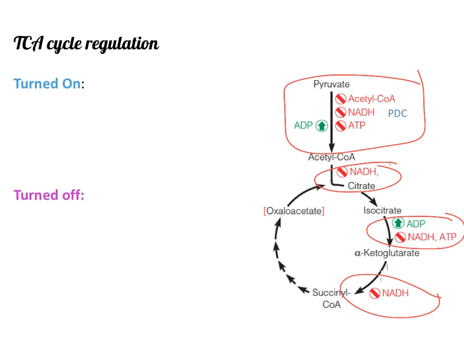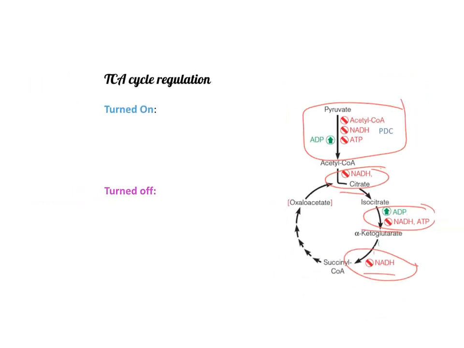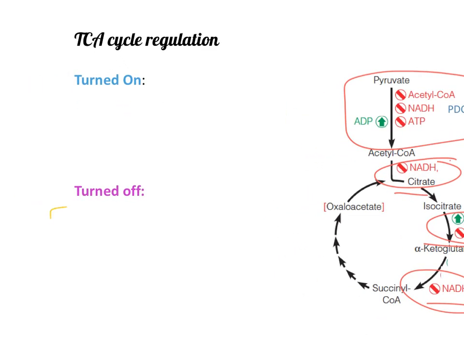But you'll notice that NADH turns all of the irreversible steps off. So again, let's go to the high energy signals. When we have a lot of NADH, that means you've been running the cycle for too long and it needs to be turned off.